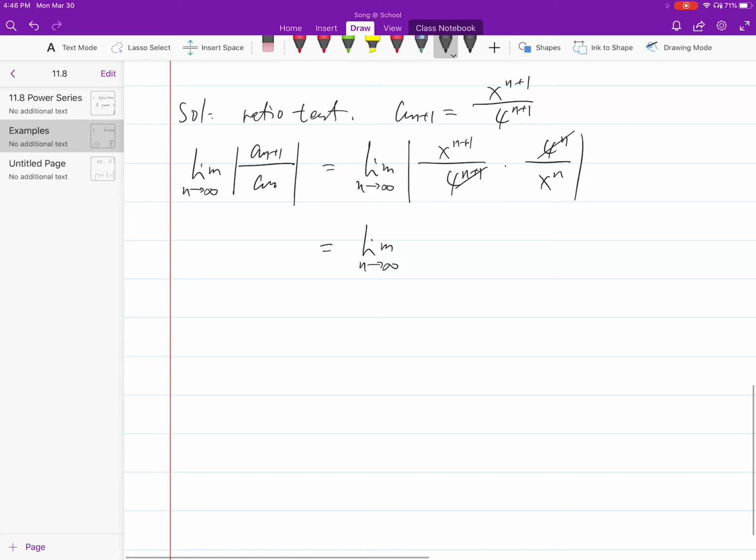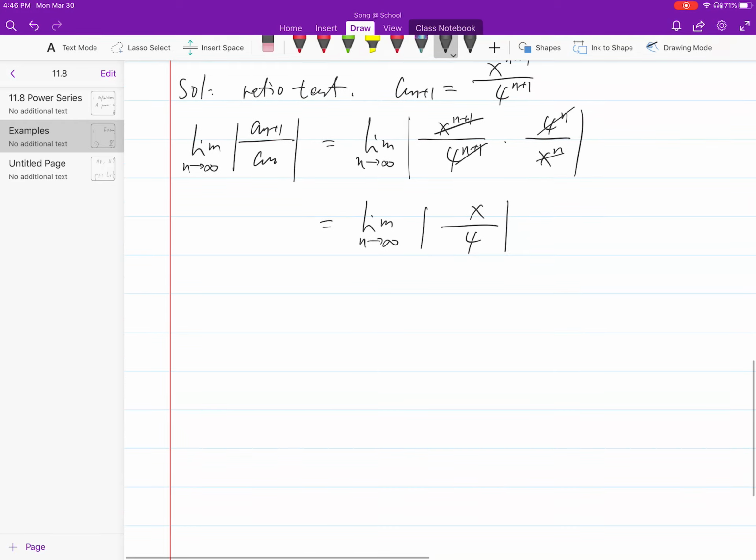They cancel. You have a 4 left on the bottom. They cancel. You have only one x left on the top. You let n go to infinity, and you realize there's no n involved, so this just cancels.